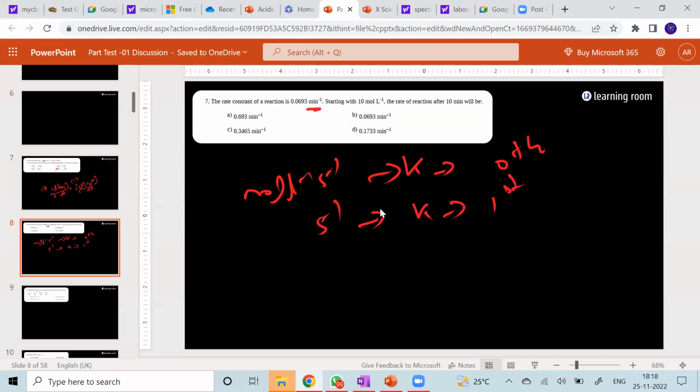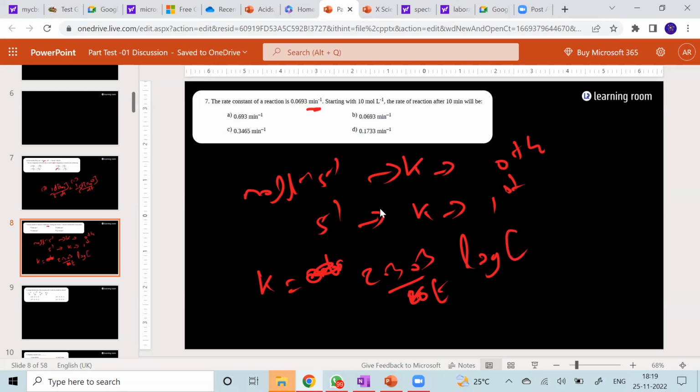Now all I have to do is substitute the equations. Now we have K is equal to 2.303 by T into log of R naught by R. What are they asking? The rate of the reaction after 10 minutes. So per minute, the K is 0.0693.